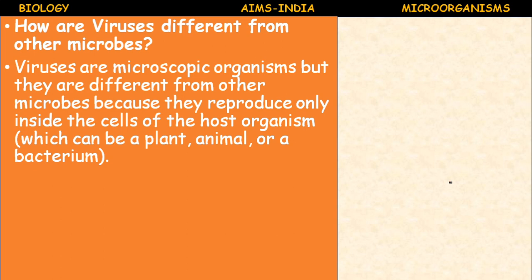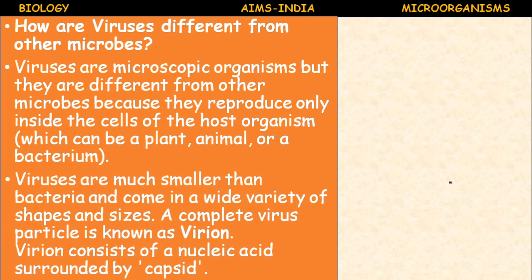They are the smallest organisms. Number 2, viruses are much smaller than bacteria and come in a wide variety of shapes and sizes. A complete virus particle is known as virion.